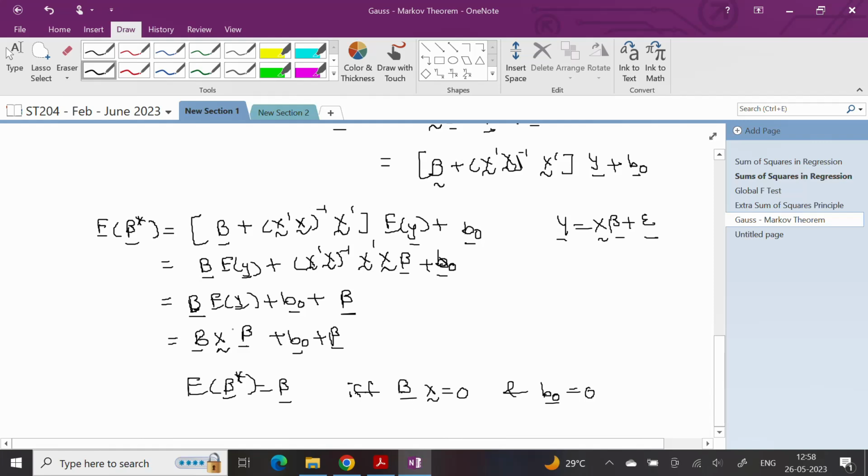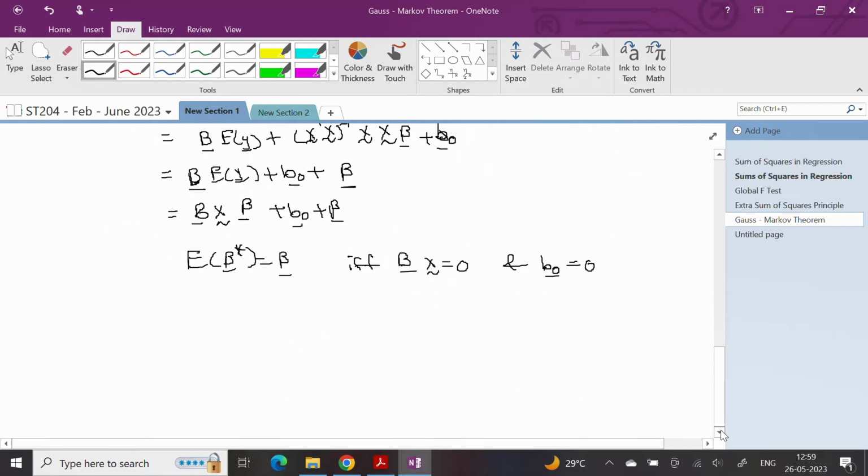Okay, because if bx is non-zero, then I would have an additional term here, so beta star won't be unbiased. Okay, so we have to assume that bx is 0, because only then beta star will be an unbiased estimate.